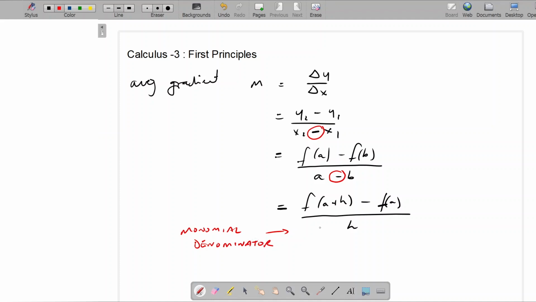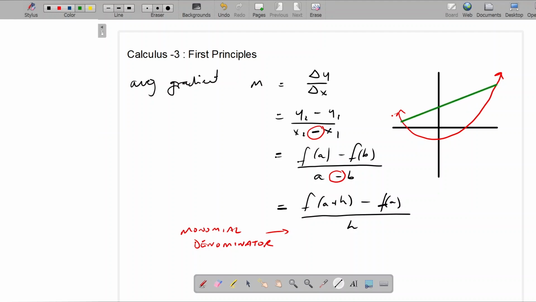Again, we are talking about the gradient over 2 points, such that, if we say similar drawings to what I've been drawing up till now, we're talking about the gradient across these 2 points.